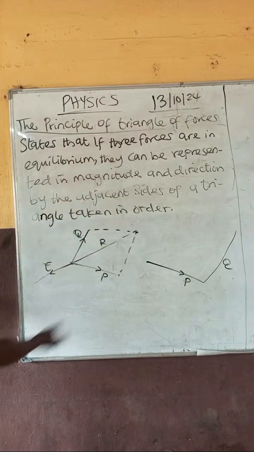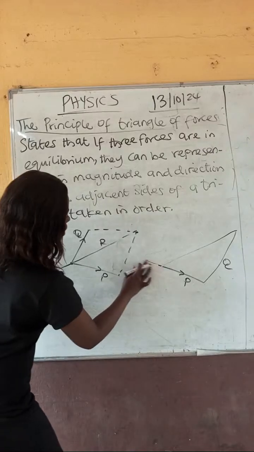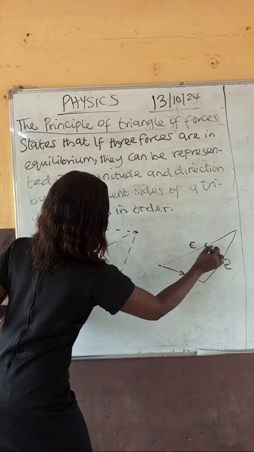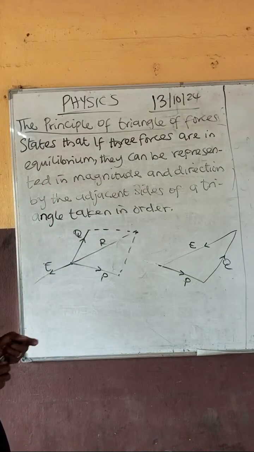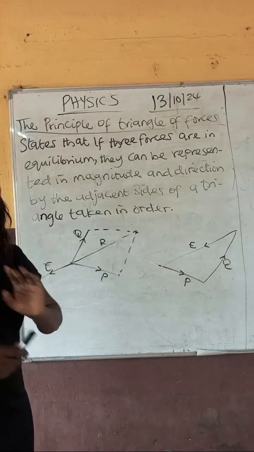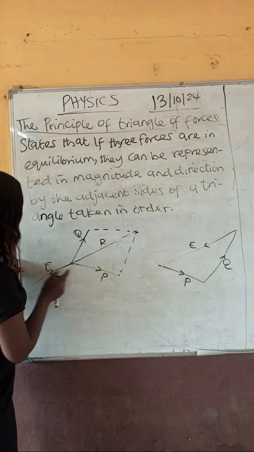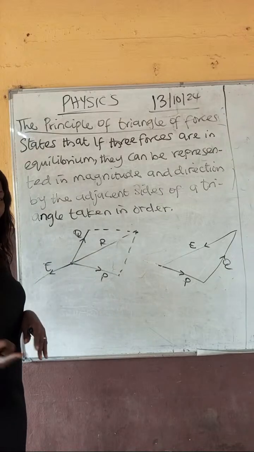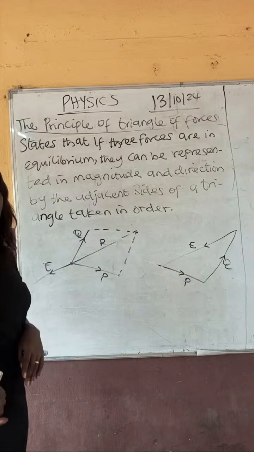E is going down, then I go down. Okay? Then I call it what? E. So we have formed a triangle. That is what the principle of triangle of forces is telling us. Once we use these three vectors, Q, P, and E, we are going to follow them accordingly because of their direction to form a triangle.